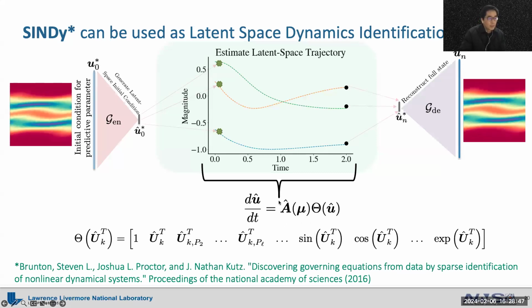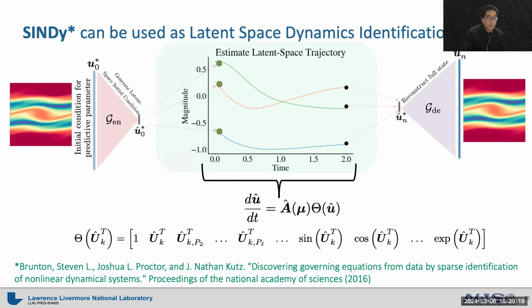And once you do that, the coefficients are identified, and of course we are going to associate those coefficients with the specific parameter points. If you solve that and apply it to, for example, the 1D Burgers equation, we get thousands of times speedups with 4% to 5% relative error, which is pretty good.